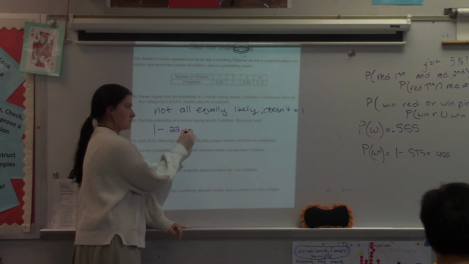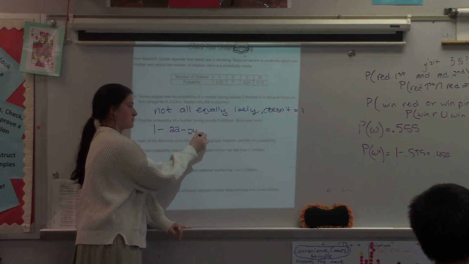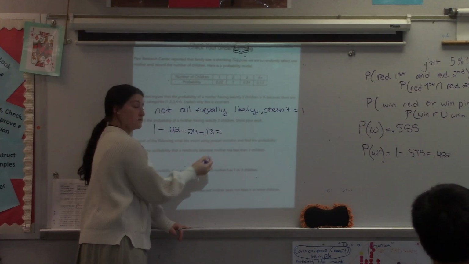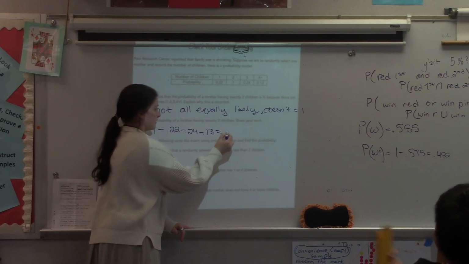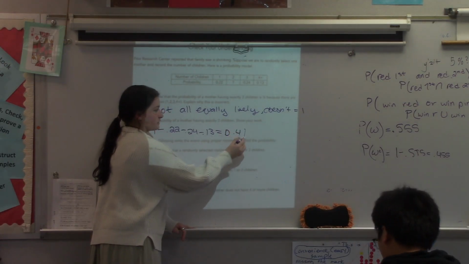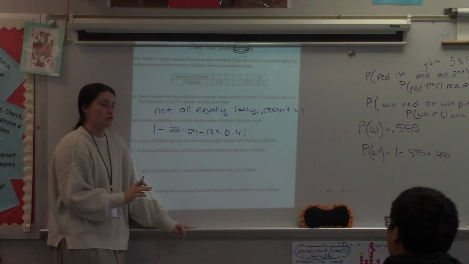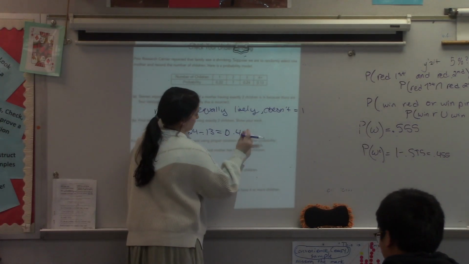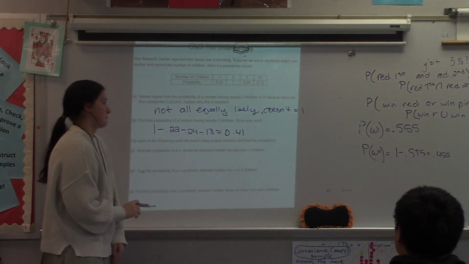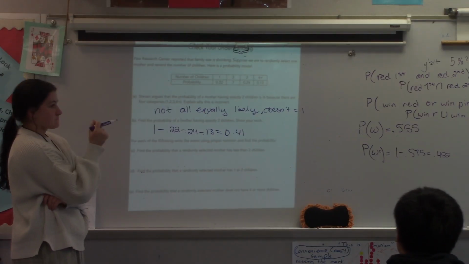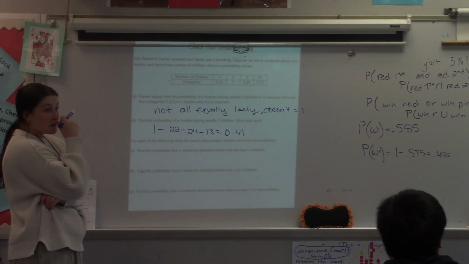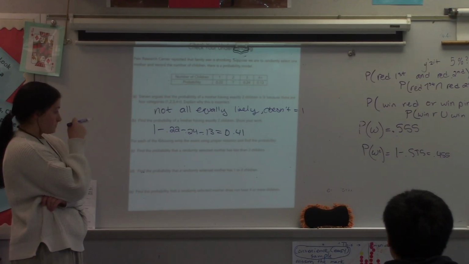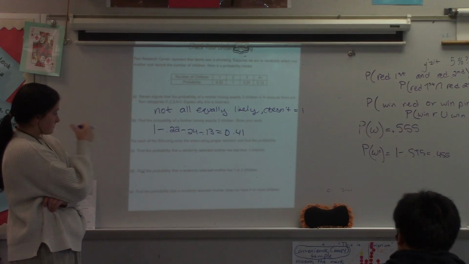It's 0.41. Don't say 41. It is not 41. Those are 2 completely different numbers. It's gotta be something between 0 and 1. I will point out, we essentially just used what kind of rule? It has to add up to 1, complement, okay?